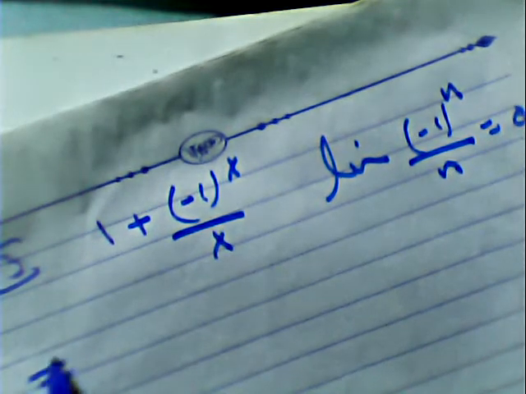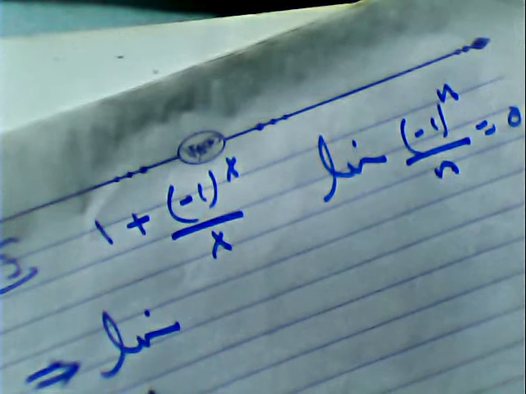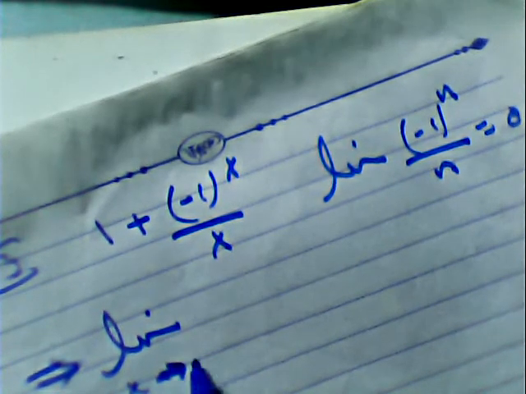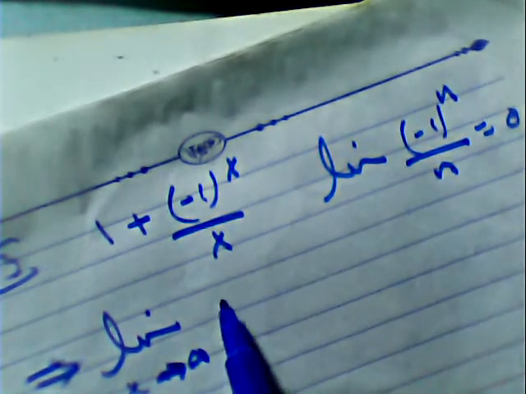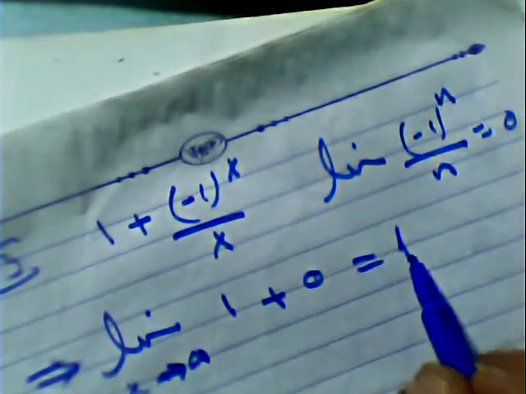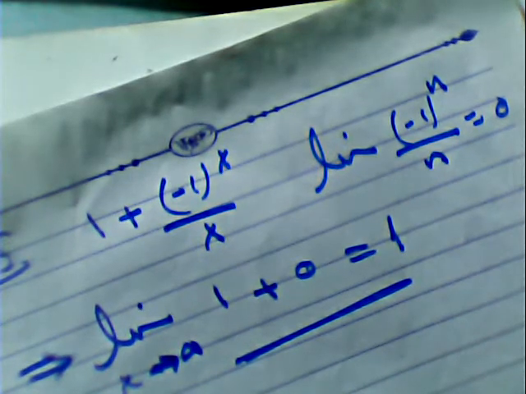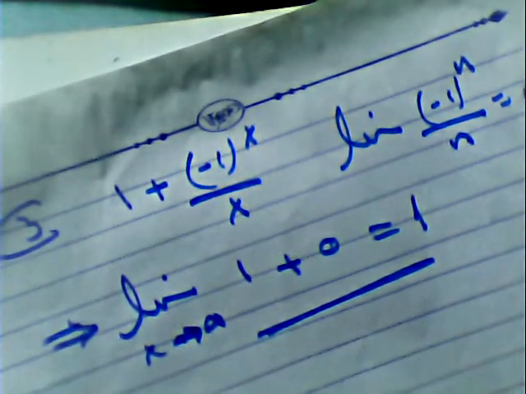Then the limit as x goes to infinity of 1 plus 0 equals 1. The sequence converges to 1.